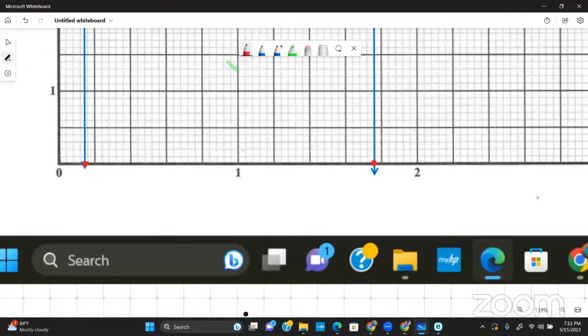So maybe 0.2, 0.4, 0.6, 0.8, then 1, 1.2, 1.4, 1.6, 1.8, and then 2. So you kind of have an idea of what's going on. This is like a 0.2. So now what we're going to do is to try to pick up some ideas.